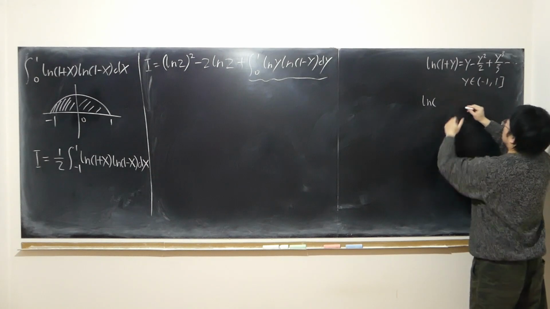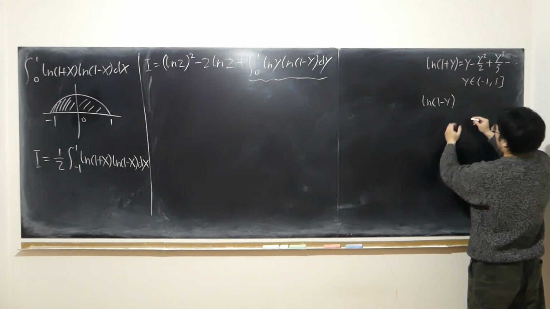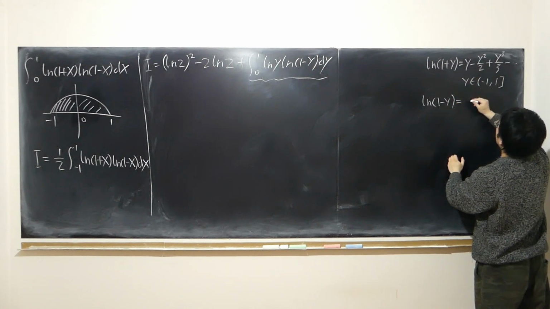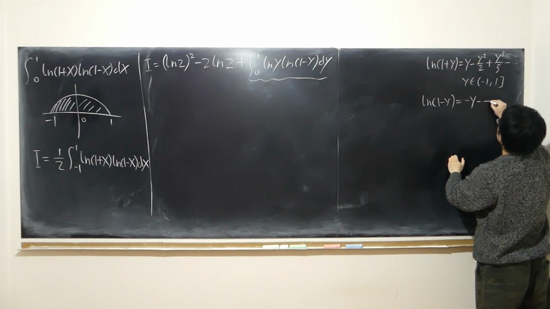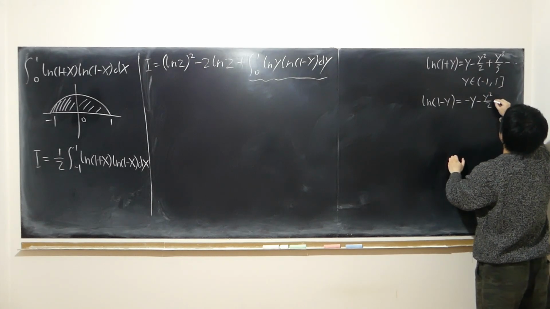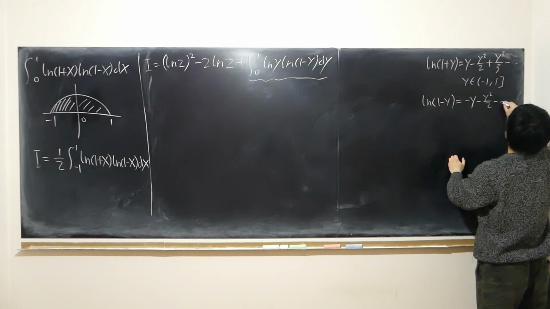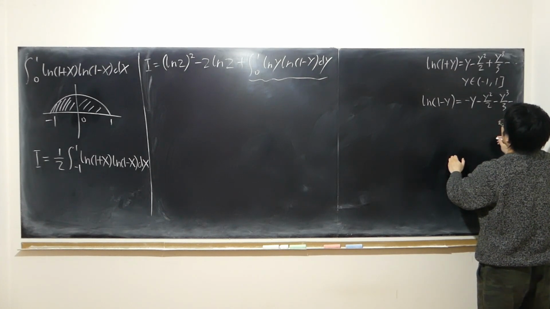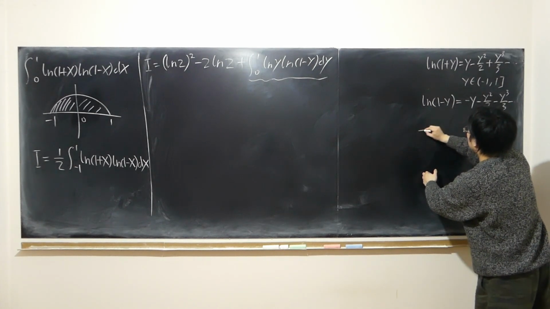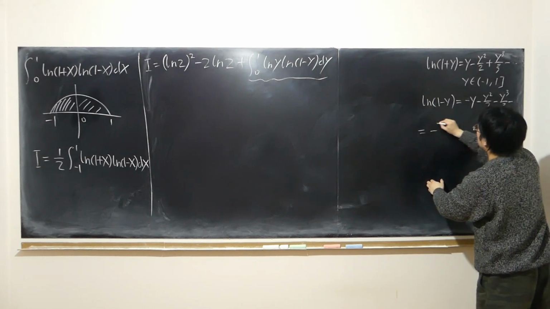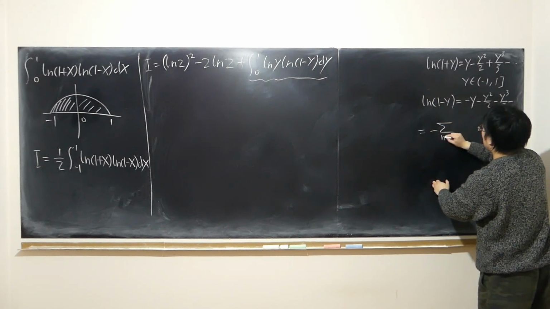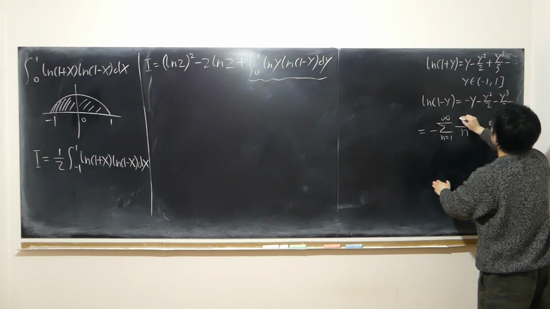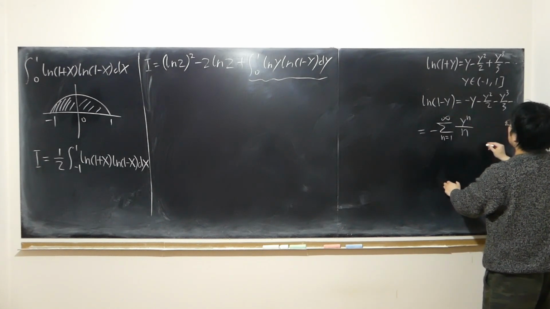So following this, if it's 1 minus y, then we replace y with negative y. Minus y minus half of y squared. Next, still minus. Every term is minus, so let me just take out the minus. Rewrite it into the sum from n equals 1 to infinity, y to the power of n over n.